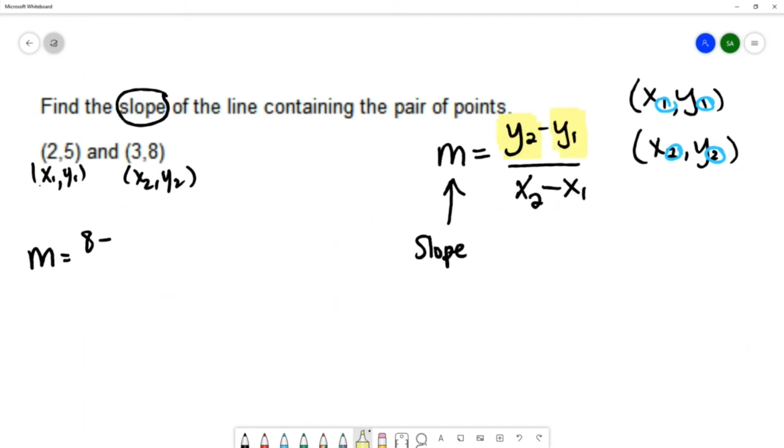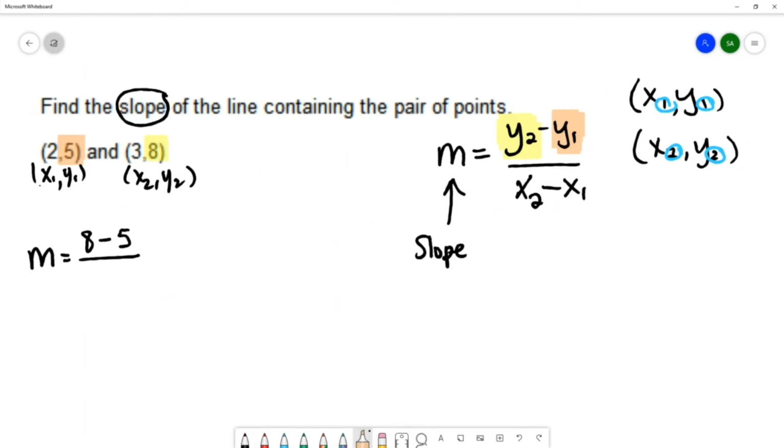y1 is 5. Maybe I should use different colors. Let's try it with different colors. So y2 was 8. y1 is 5. And there was a minus in the formula, so I've used minus.